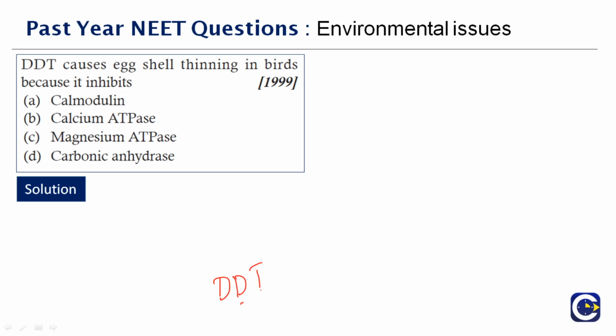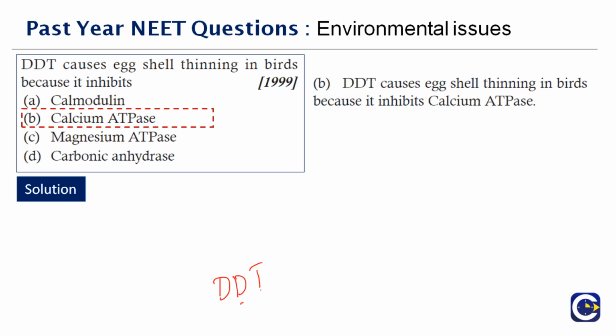So it will inhibit the calcium ATPase, which will cause eggshell thinning and also premature hatching. Thereby the birds will not survive, and it will reduce the population of the birds. Therefore, the right answer to this question is option B, calcium ATPase. It inhibits calcium ATPase, which is a major part of the calcium metabolism of birds.